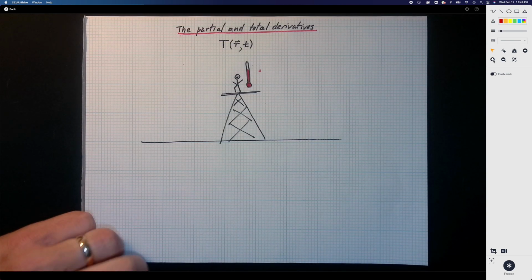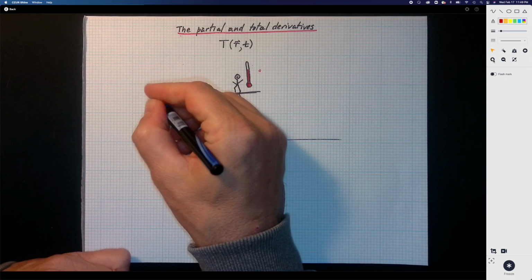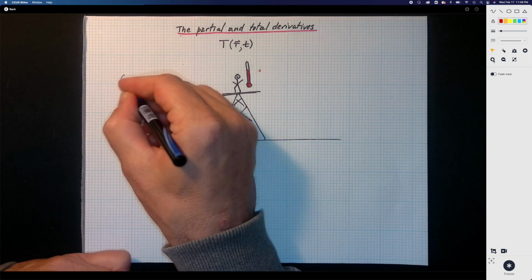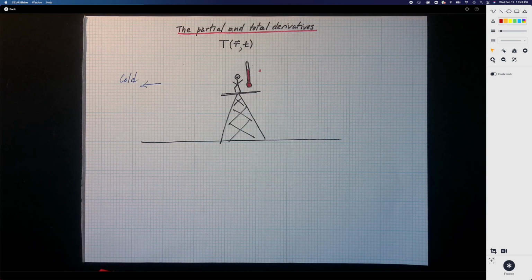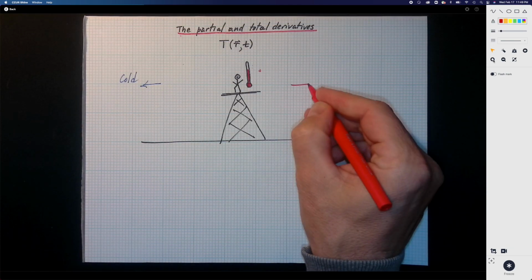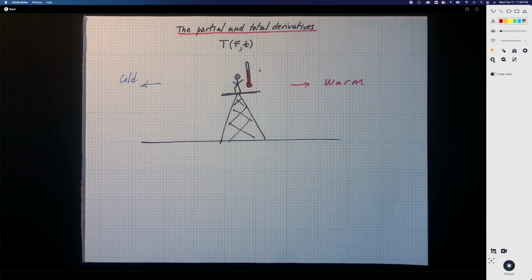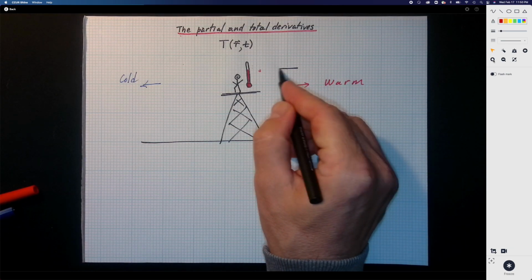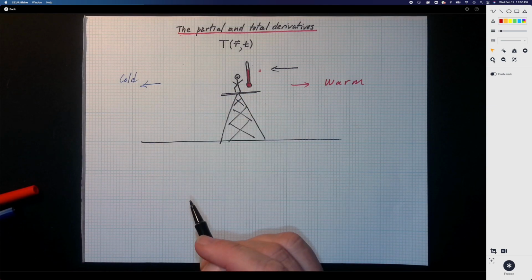And there's some air that's generally colder in this direction, and warm in the other direction. And then the air is flowing in this direction. So the wind is blowing in this direction, and the warm air is moving past the observer.